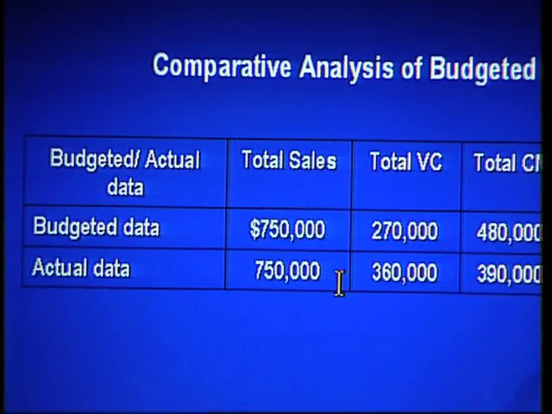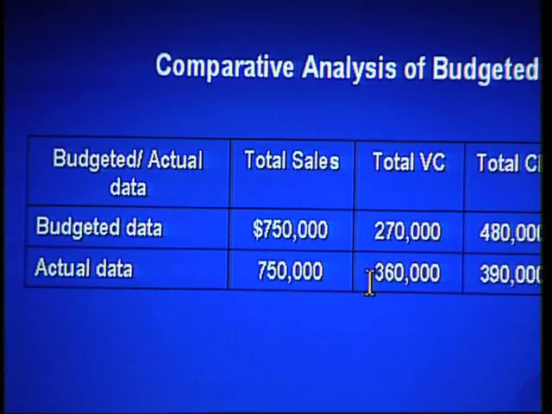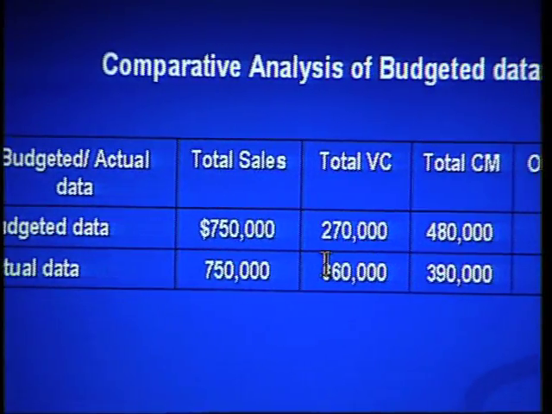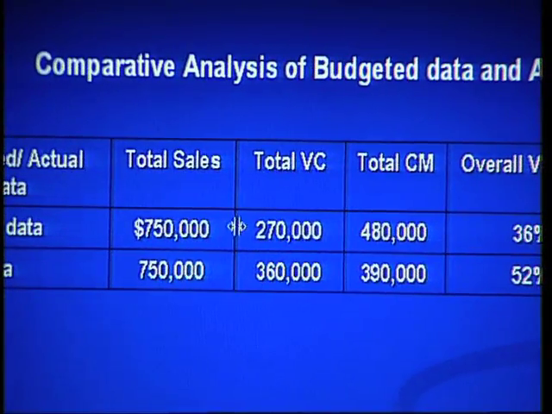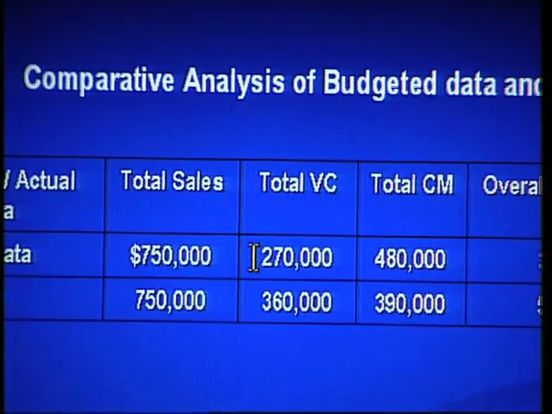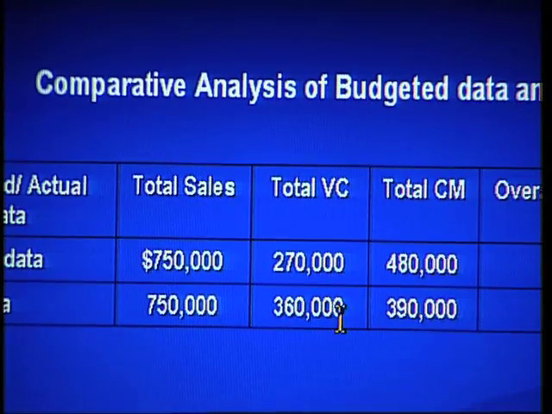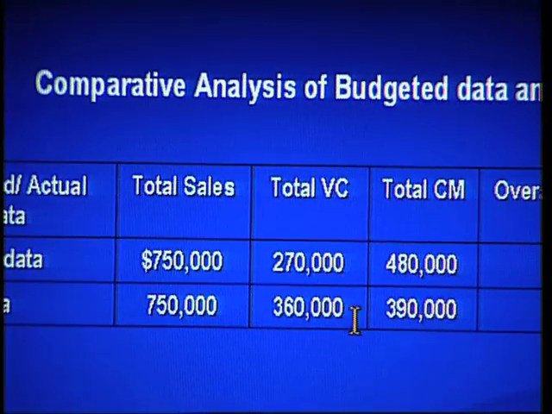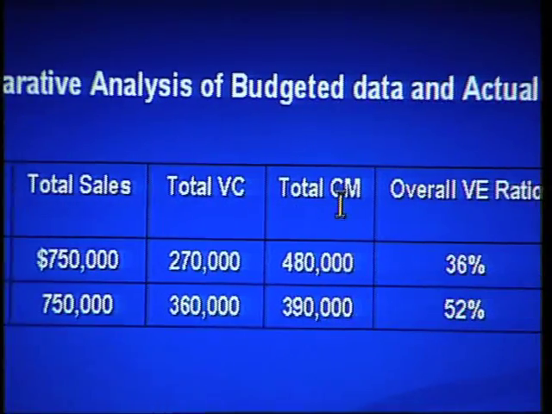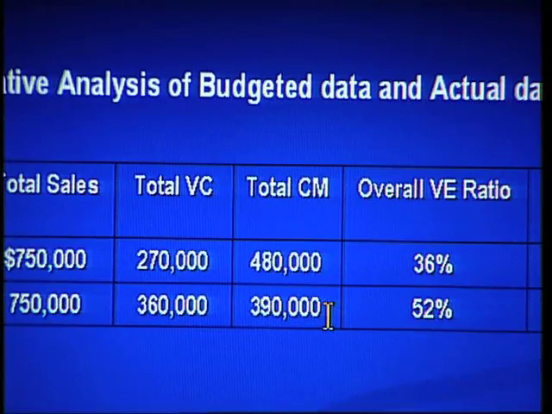However, since the sales of low margin product has been increased, as we consider the actual income statement, you can understand that the total variable cost has been increased compared to the budgeted income statement, which is $270,000 for budgeted income statement and $360,000 for actual income statement. As a result, the total contribution margin has been decreased for the actual data, which is $390,000, which was actually $480,000 for the budgeted income statement.